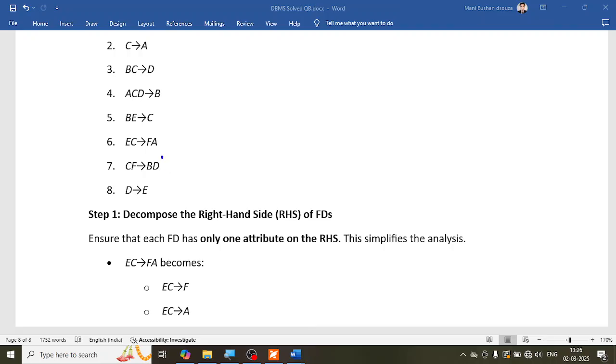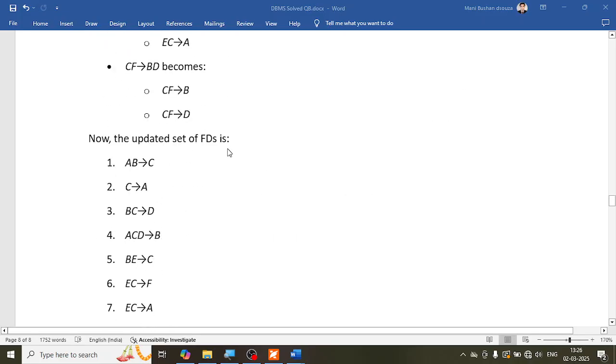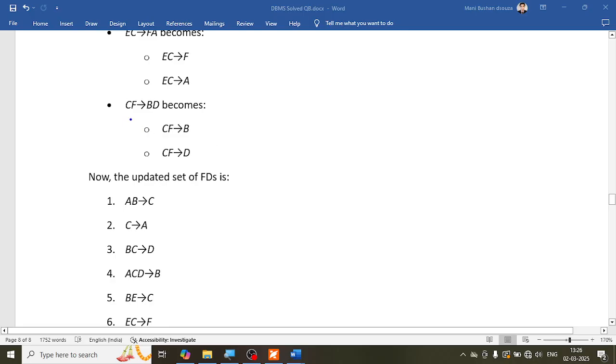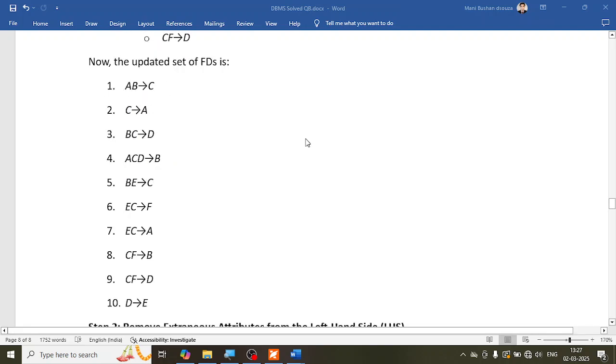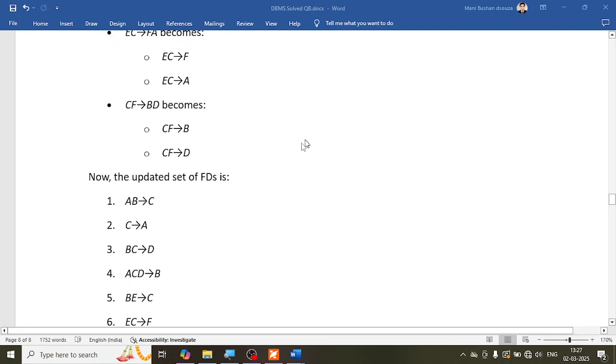Similarly, let us decompose the second relationship, that is CF gives BD. From CF gives BD, we are going to say that CF gives B and CF gives D. With that done, we have decomposed one into two parts and the other into two parts, so there are two extra functional dependencies.